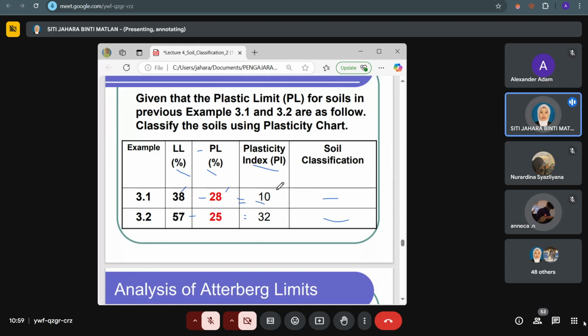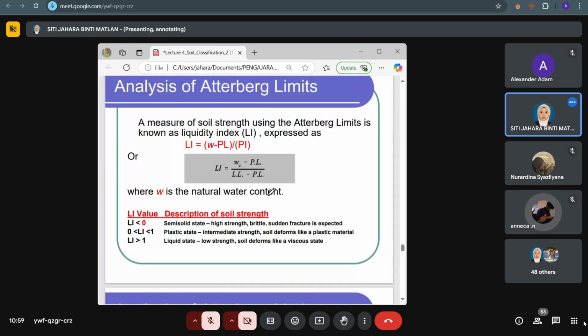Refer to these values 10 and 38, then you can get the soil classification, for these two examples. Then I continue with the next parameter, which is liquidity index.